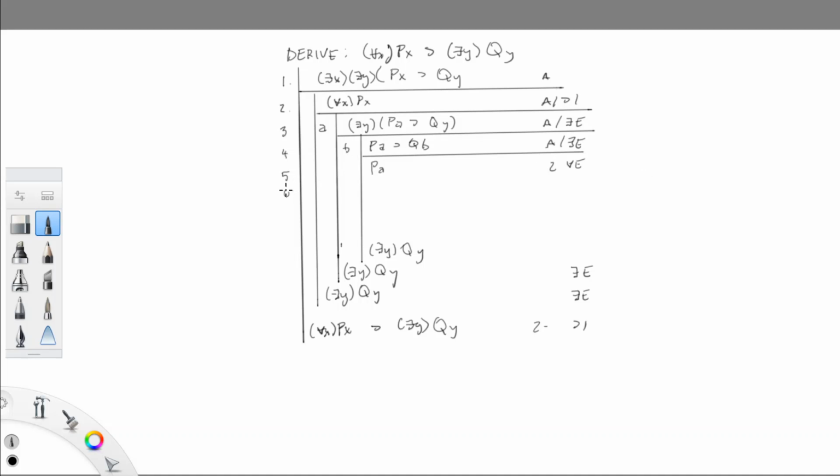Gives us Pa, which is the antecedent of the conditional in line 4. And that gives us Qb, the consequent, from lines 4 and 5, conditional elimination. That gives us our existential generalization. So this comes directly from line 6 by existential introduction.